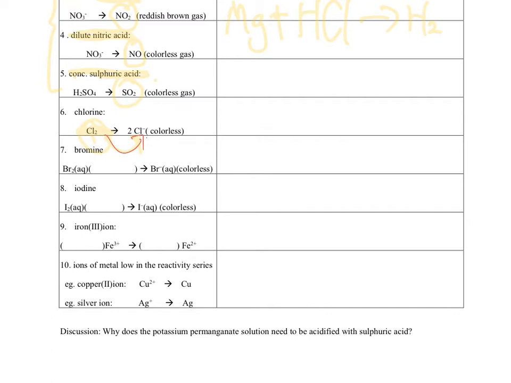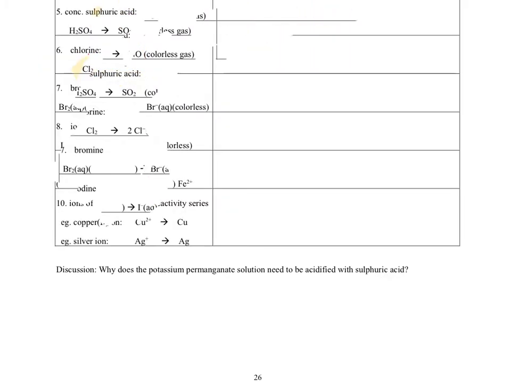For bromine, which is in the same group as chlorine, that's why they have similar chemical properties, it will be reduced to bromide. And what is the change for it? Do you still remember what is the color for bromine aqueous solution?